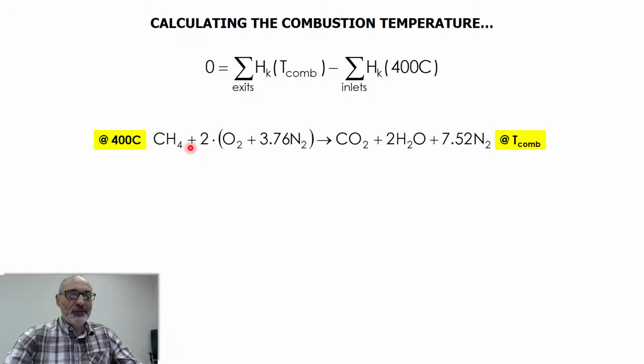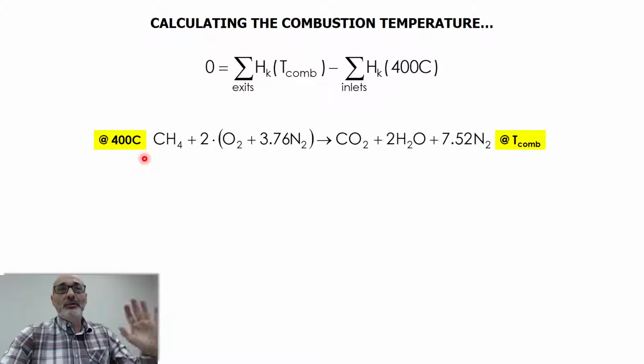This is the reaction, because we're going to use Hess's law in order to calculate that. It's not practical to calculate that directly, because the temperature on the right-hand side of the equation is not the same as the temperature on the left side. So we are going to use Hess's law.